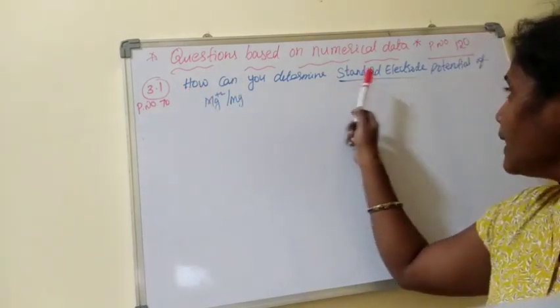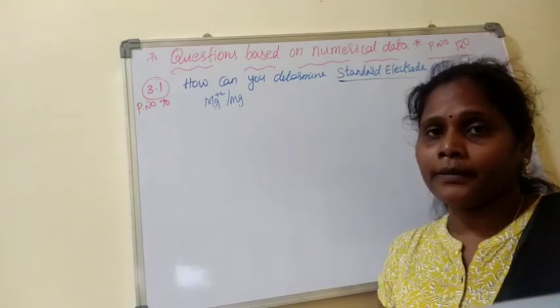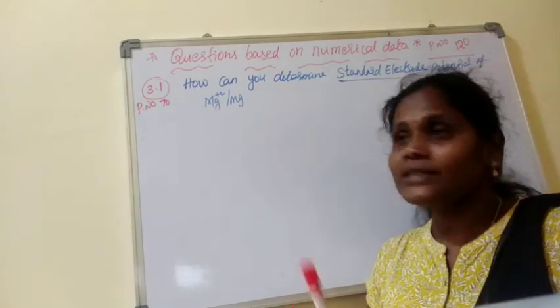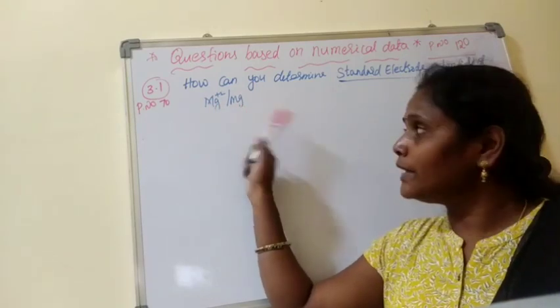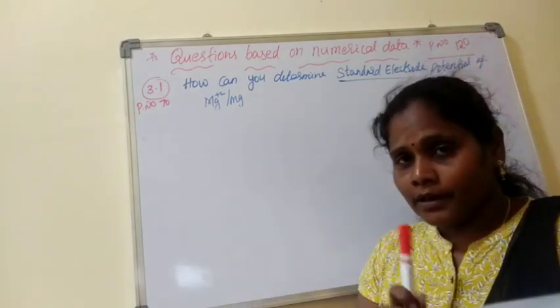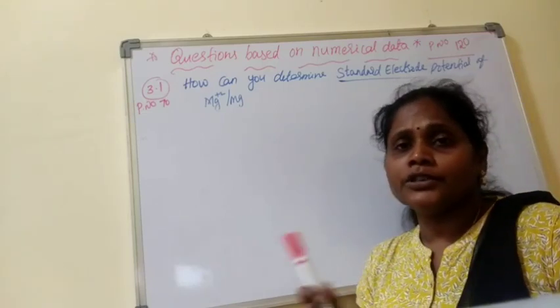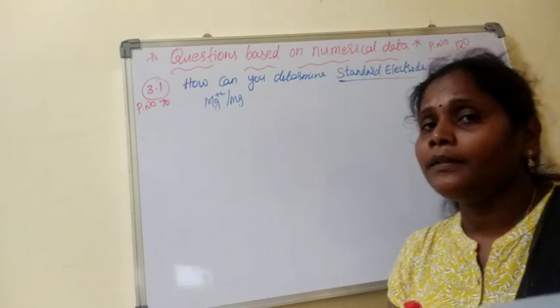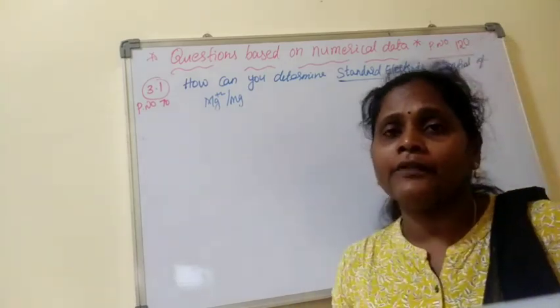How can you determine the standard electrode potential of magnesium? Right? Standard electrode potential means reduction potential only, so Mg2+ to Mg is given. Standard electrode potentials are nothing but standard reduction potentials of an element, right? Then where is the standard electrode potential topic we have covered?